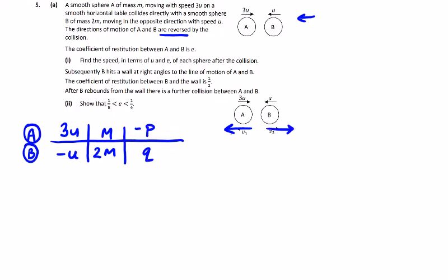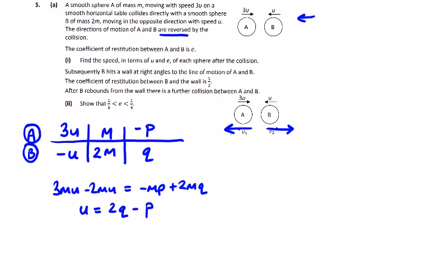and we'll call this one positive Q. Applying conservation of momentum, we get 3mu minus 2mu is equal to minus mp plus 2mq. Dividing by m and simplifying, 3u minus 2u, u is equal to 2q minus p, or minus p plus 2q.